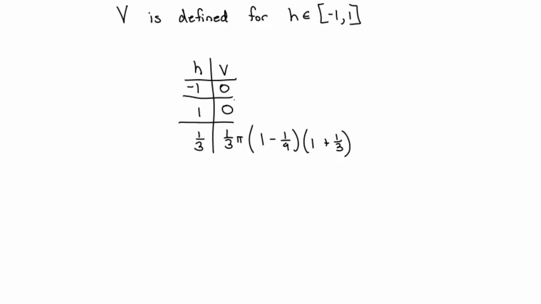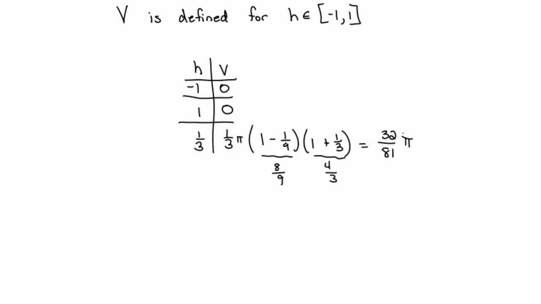And we're going to go ahead and simplify this. So this is going to be 4/3 right there, and this is 8/9 right here. Right, and let's see, so we have something over 81. The something is going to be 32 pi. 32 pi over 81.